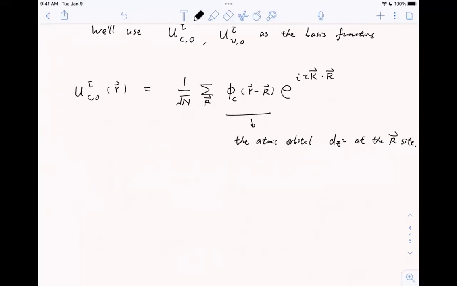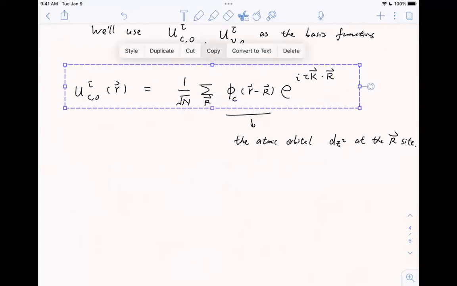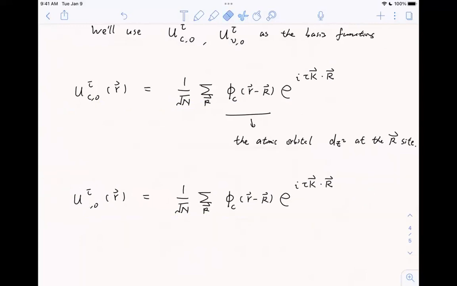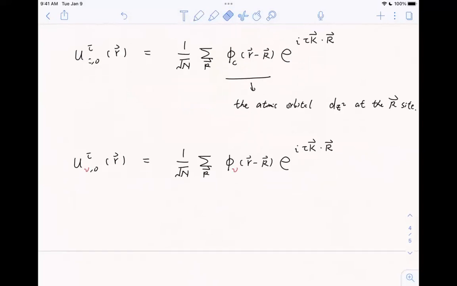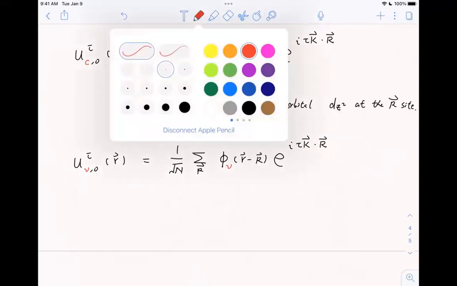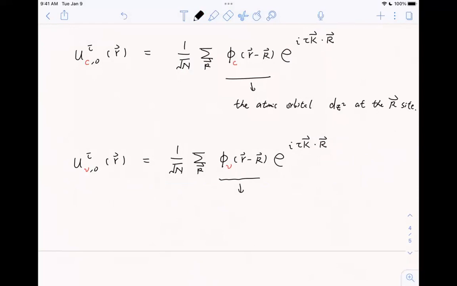Okay, so similarly, for the V, and this one actually depends on tau.